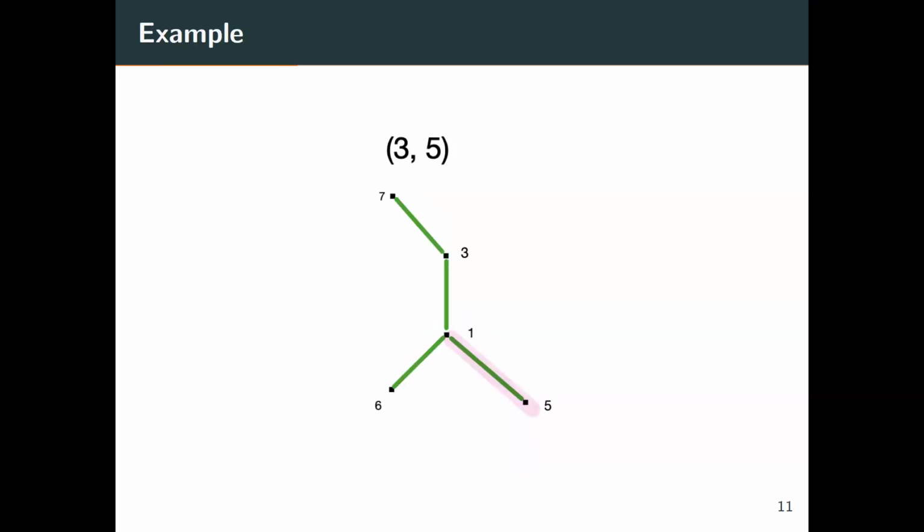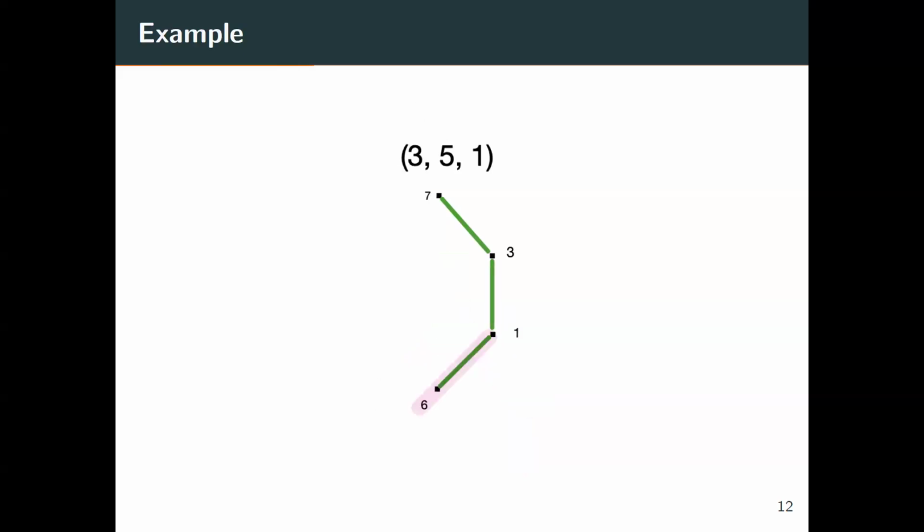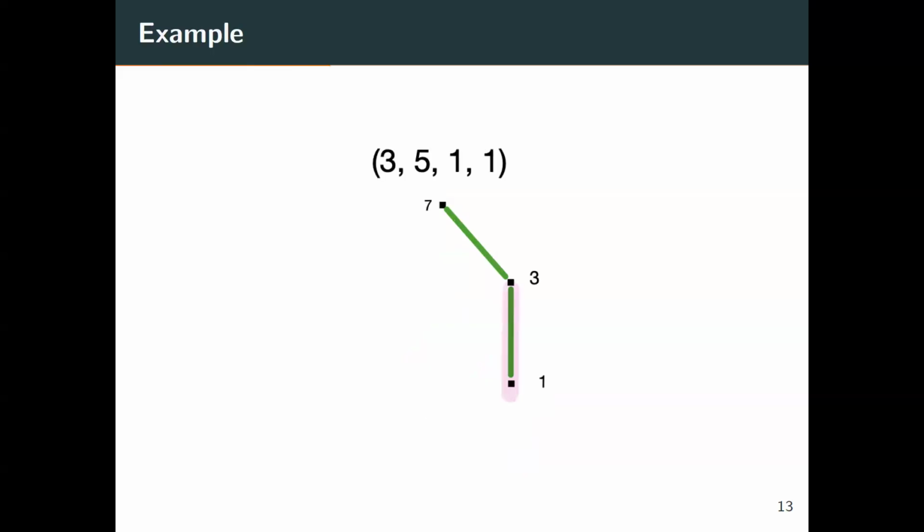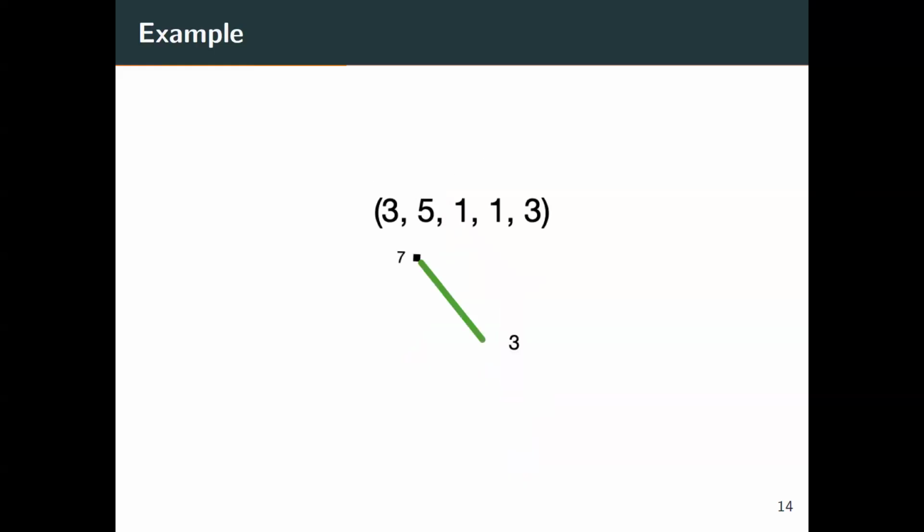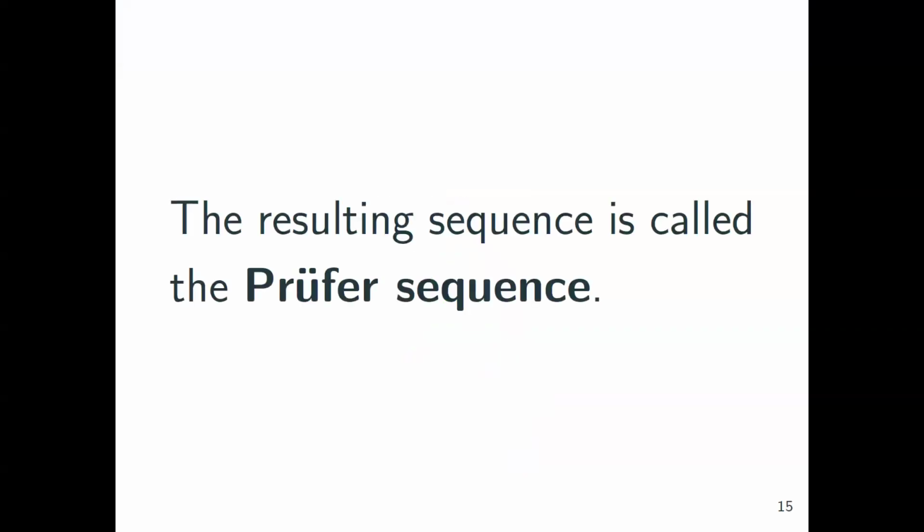And we continue to do that. It's 1, and then it's 1 again, and then now the vertex 1 is a leaf, so we append 3, then vertex number 3, and the process finishes when we have only one edge. So the result of this process is the Prüfer sequence.